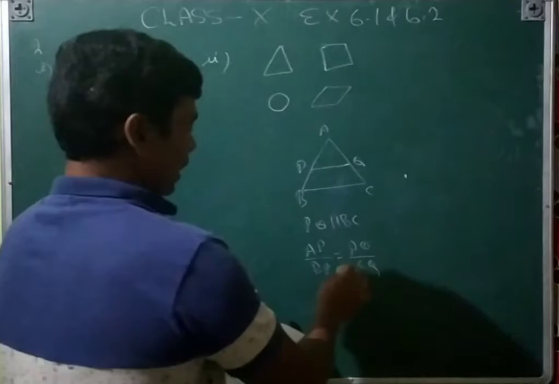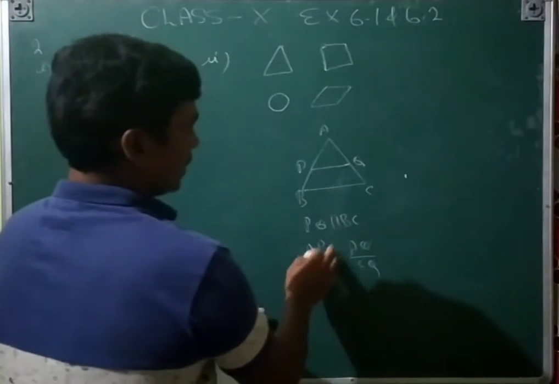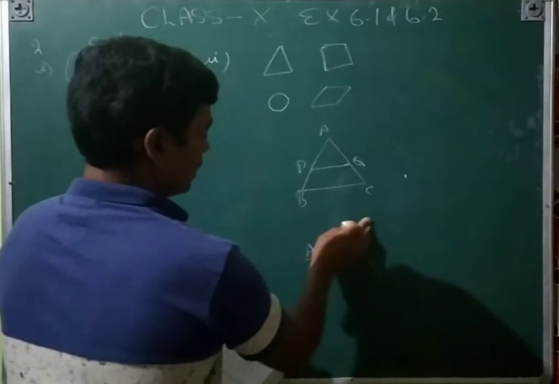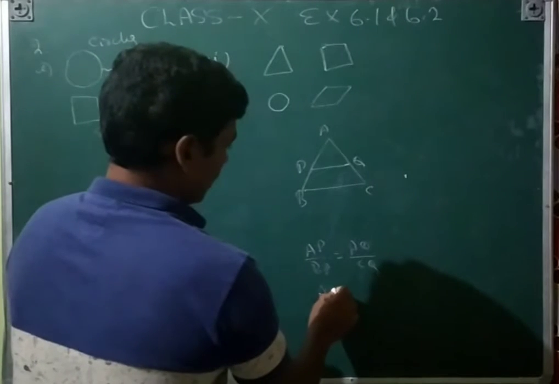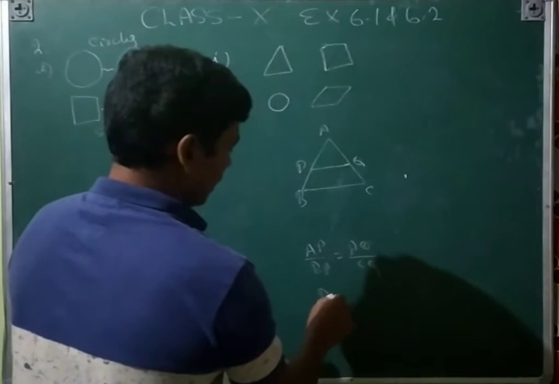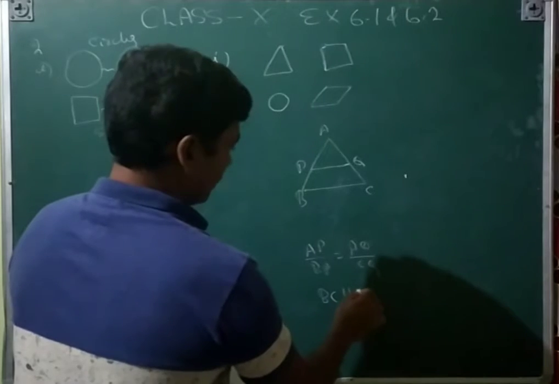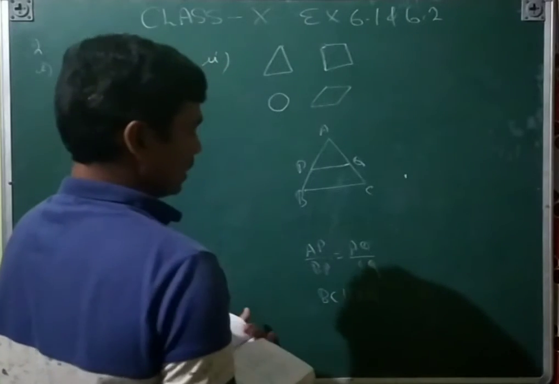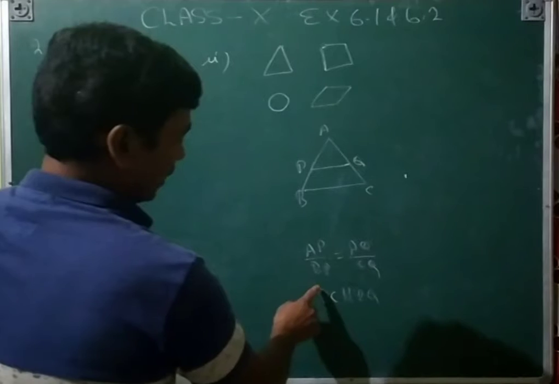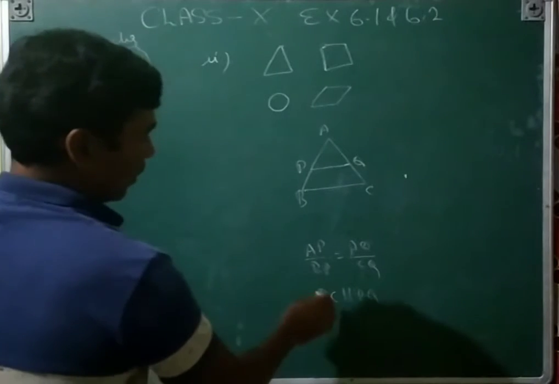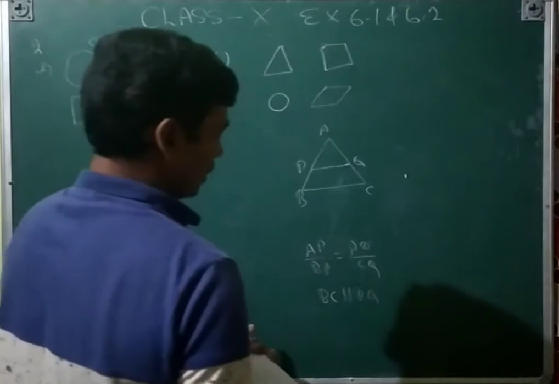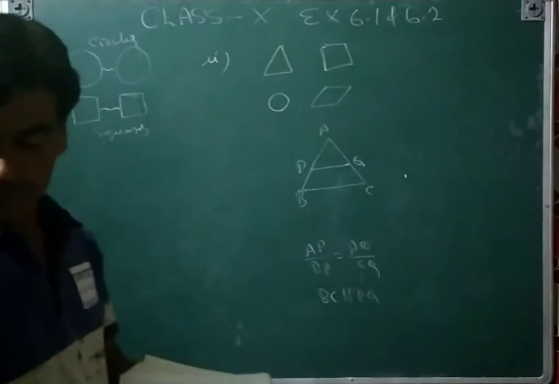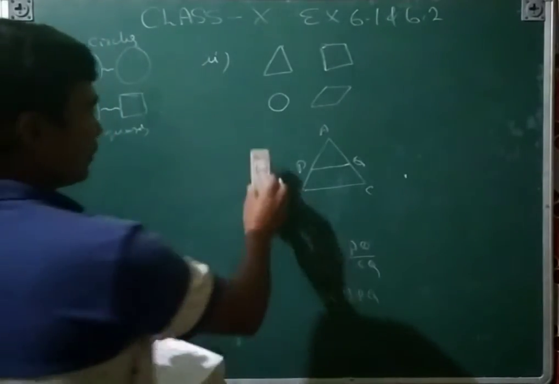If this is given, then obviously the lines are parallel, or if the ratio is equal, then they are parallel. So this is the BPT theorem.